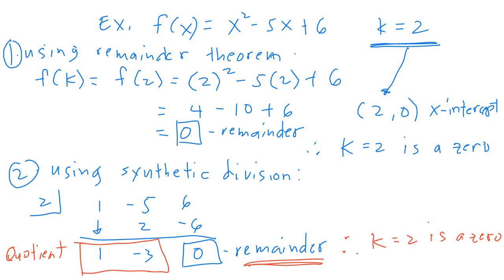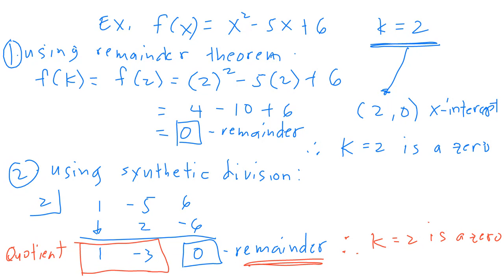Okay. So another word again for 0, it's the x-intercept. And another word also, it's the root of the f of x.